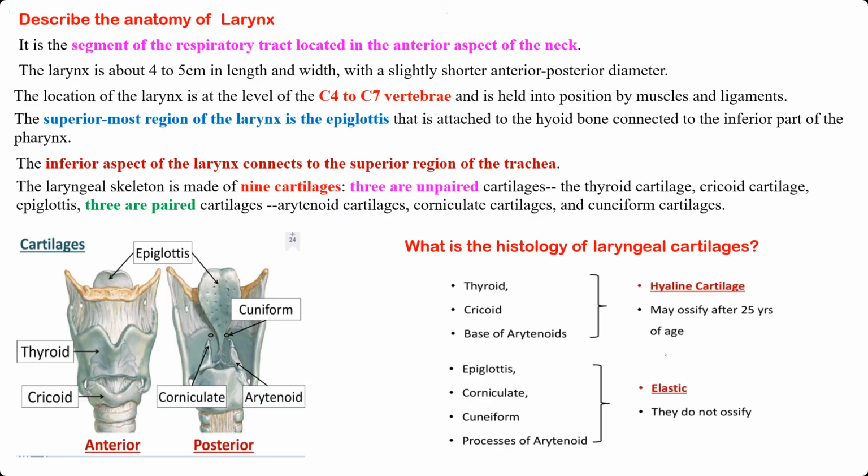Hyaline cartilages are present in the thyroid, cricoid, and base of the arytenoids, because these hyaline cartilages will become ossified after 25 years of age. Whereas the epiglottis, corniculate, and cuneiform are all elastic and do not become calcified or ossified. They will remain elastic all through your life. So that is the importance of the histology.